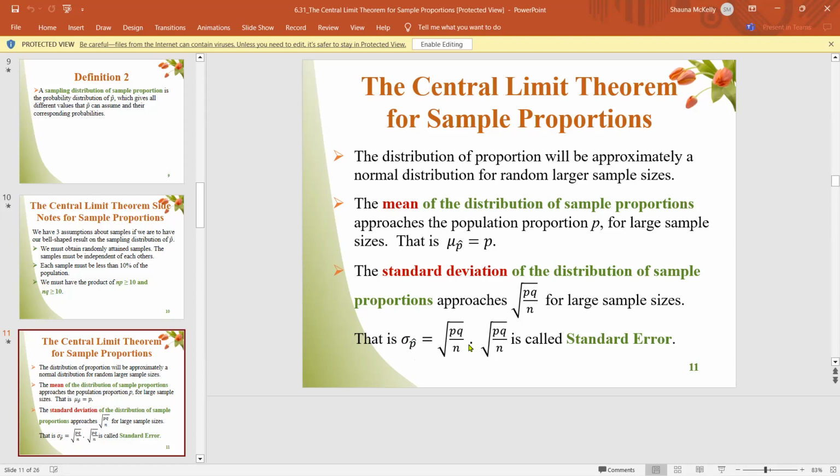Then she's telling you that this root is called the standard error. It has a different name. That's a good question too. This is telling you that the sigma associated with p hat is the radical of the quotient pq over n, and the radical pq over n is called the standard error. I got you. Okay.